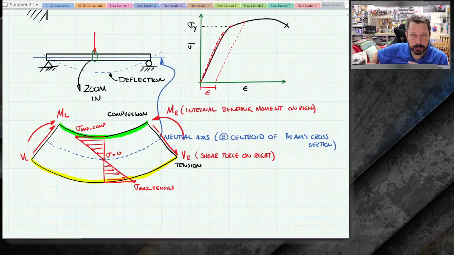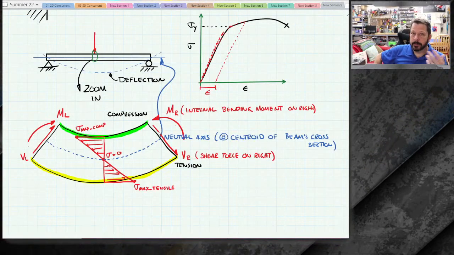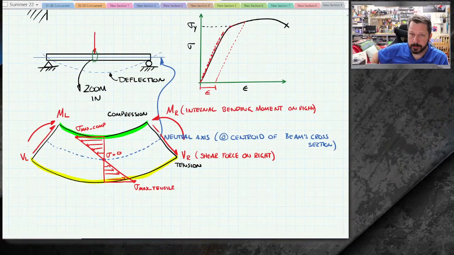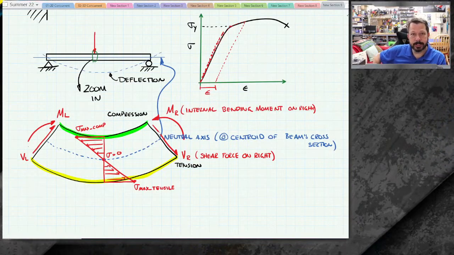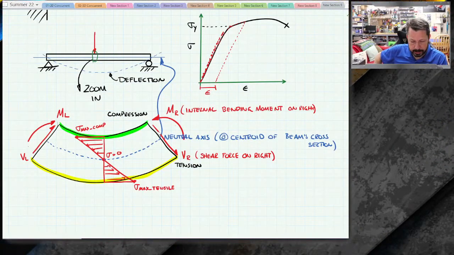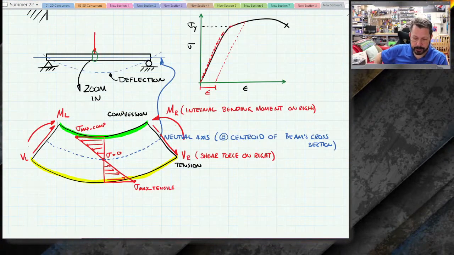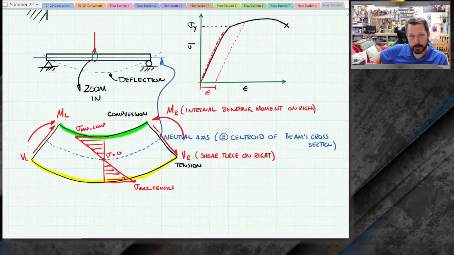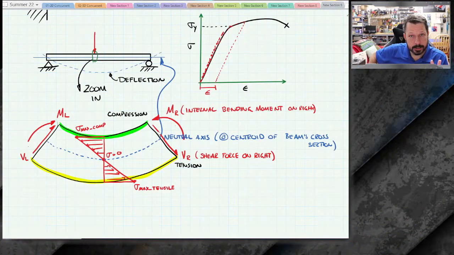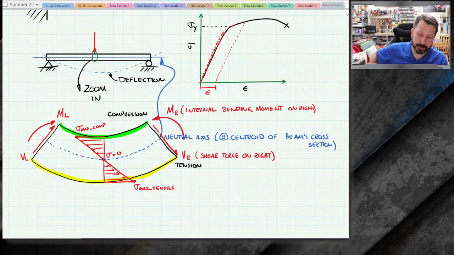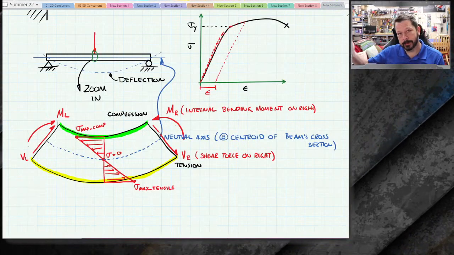For all of our pictures to be oriented the same way, we have to agree on what positive is and what negative is. So ML, MR, VL, VR, those are the agreed upon directions that are positive if you're looking at the left-hand side or the right-hand side of a beam.